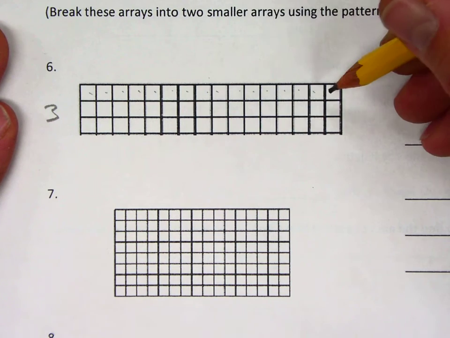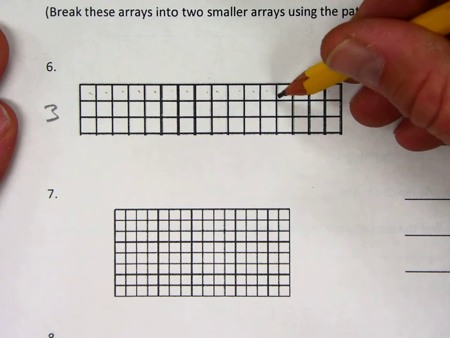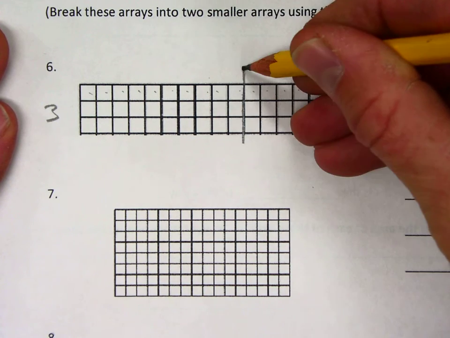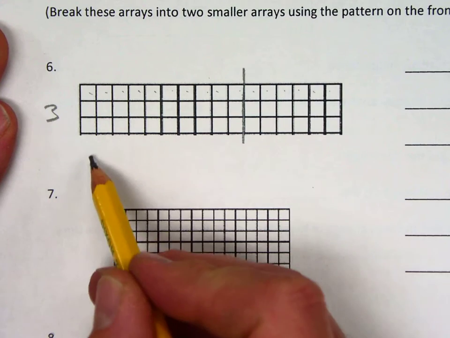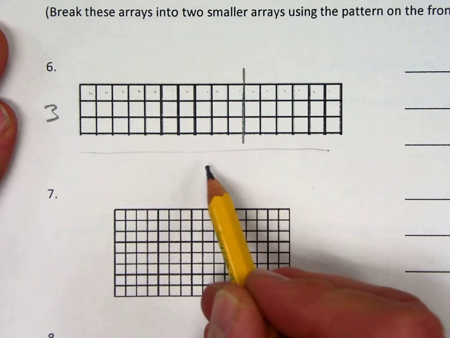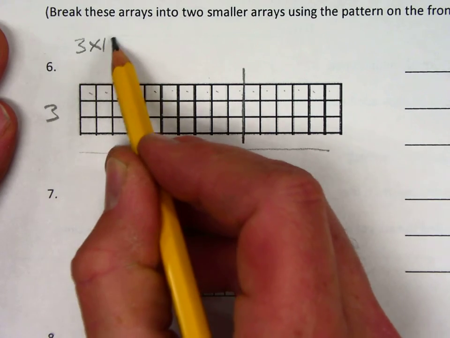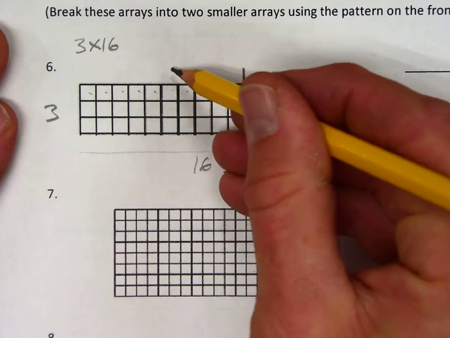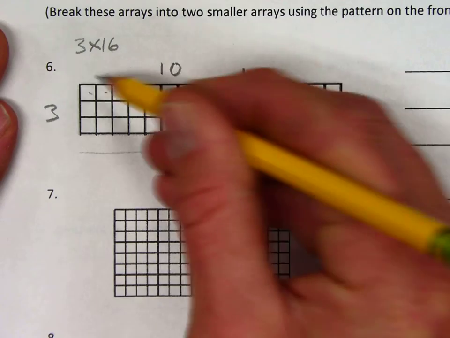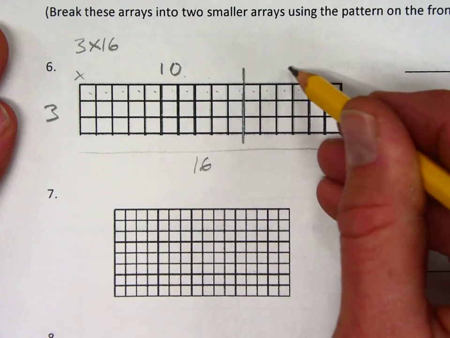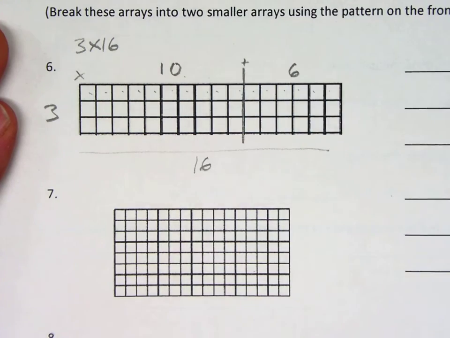So although the total length is 16, my math problem is 3 times 16, and I'm also thinking about it as 3 times 10 plus 3 times 6. These two things are added.